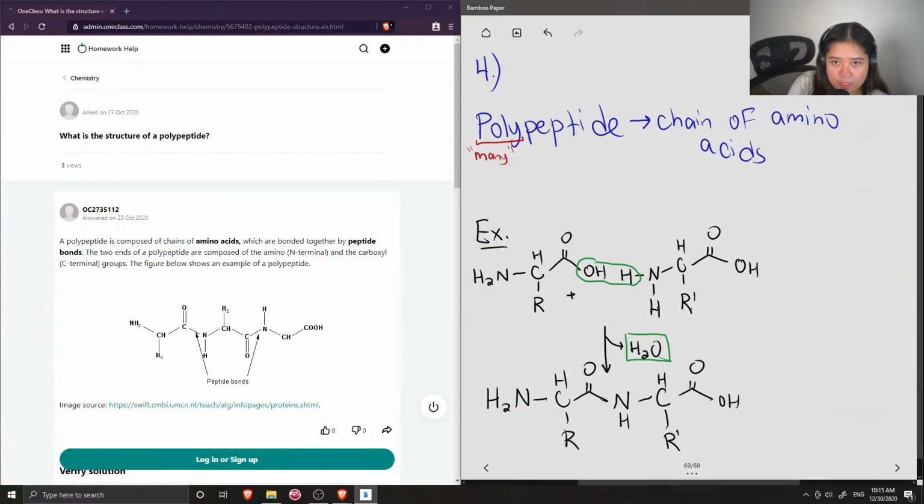And then from there, you can form what they call secondary, tertiary, and quaternary structures that can be formed.